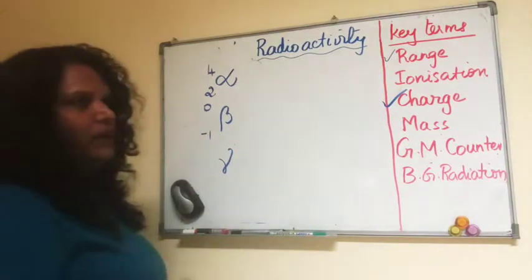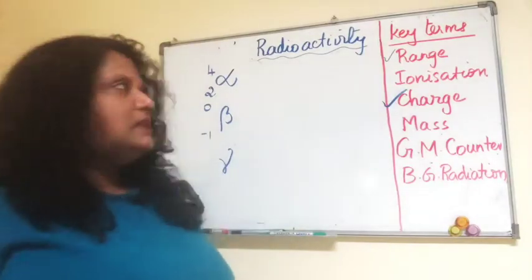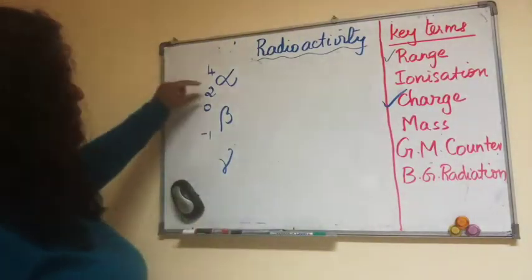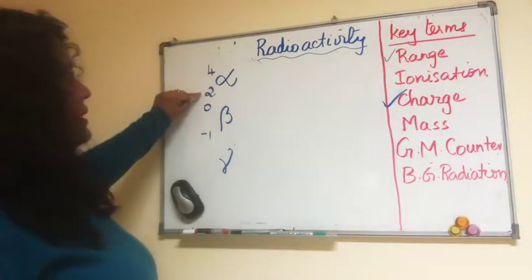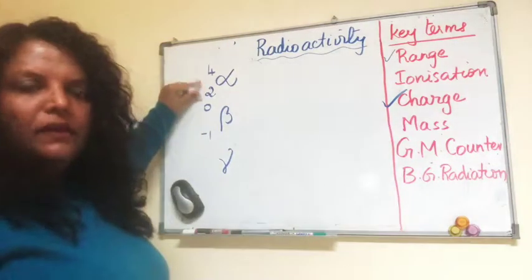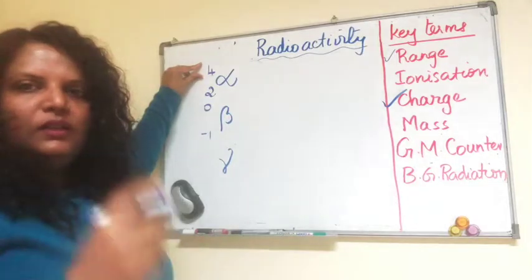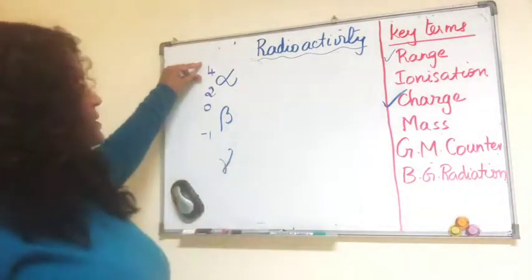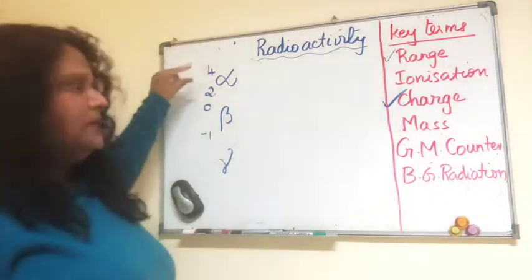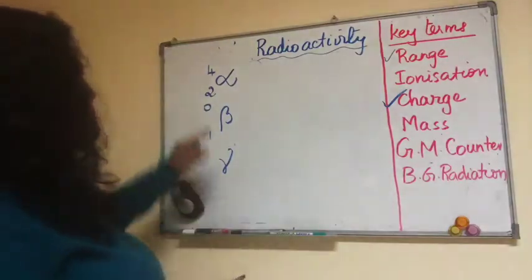For gamma, you don't have to write anything because it doesn't possess any charge. So this 2 represents the number of charged particles, which is the atomic number. This 4 represents the total particles inside the nucleus, which is the mass number. I hope you got that.